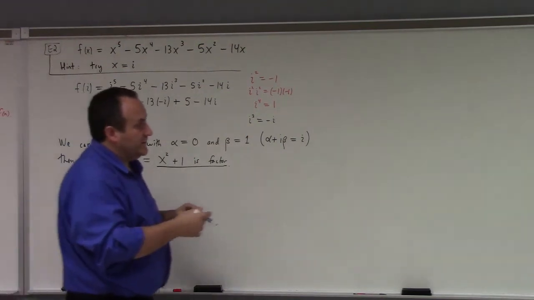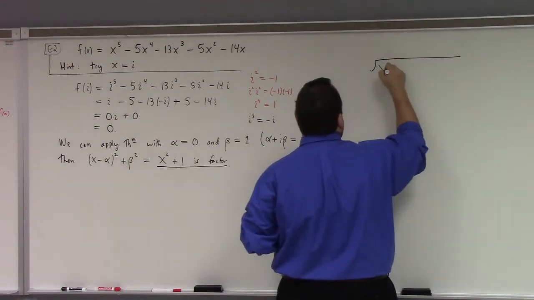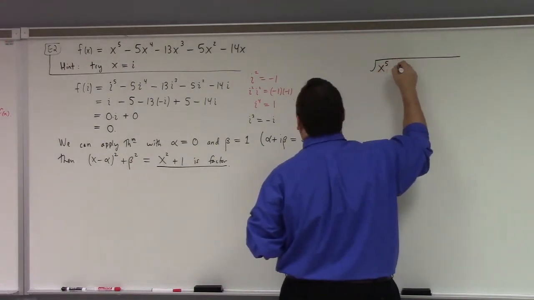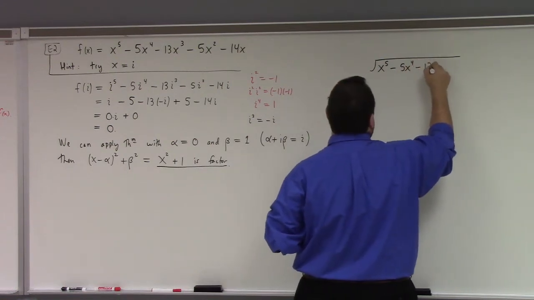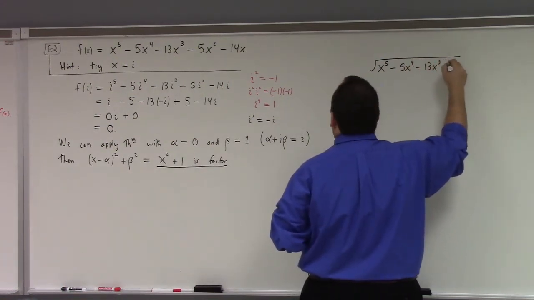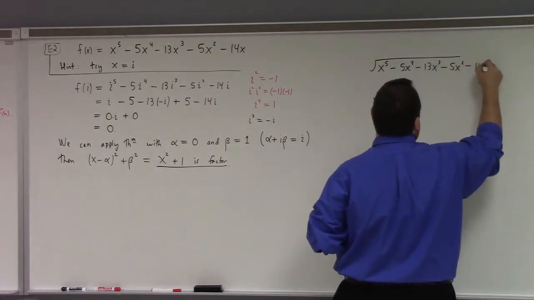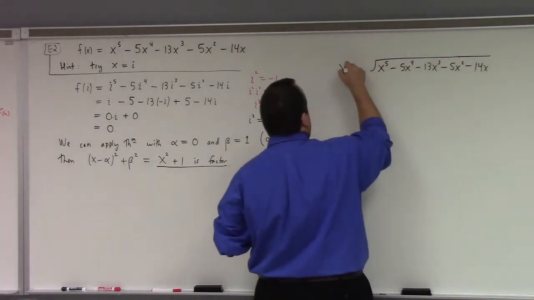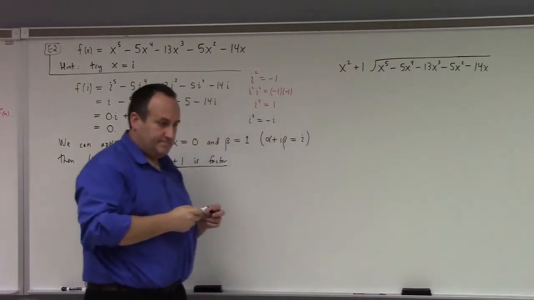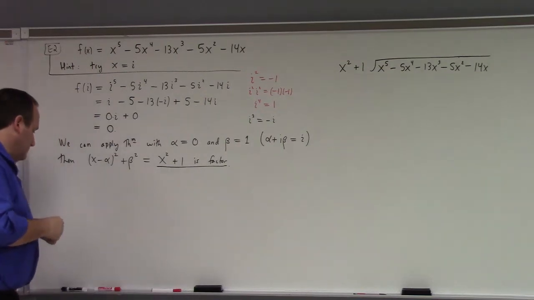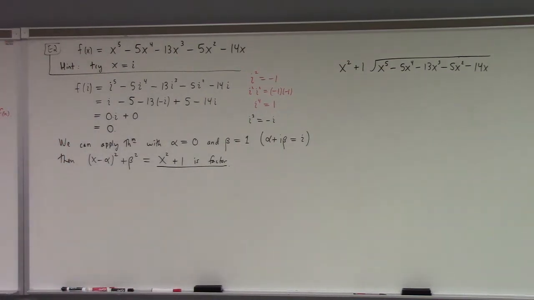So I take my polynomial up here, x to the 5th minus 5x to the 4th minus 13x cubed minus 5x squared minus 14x, and I'm dividing x squared plus 1 into that. How's that go? What do we start with?